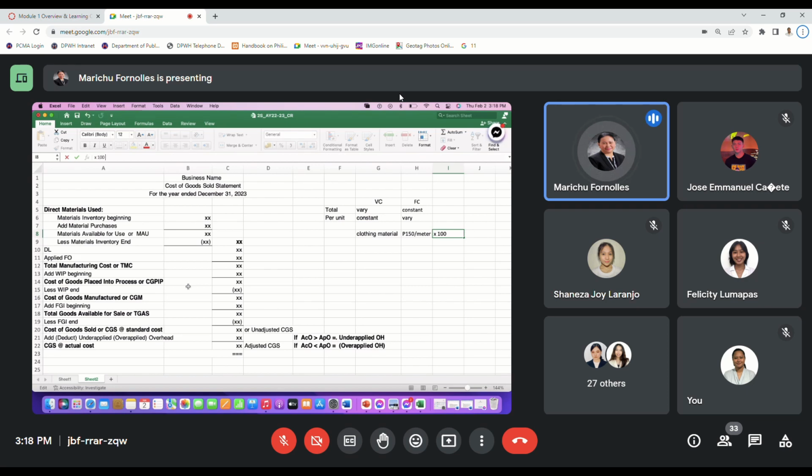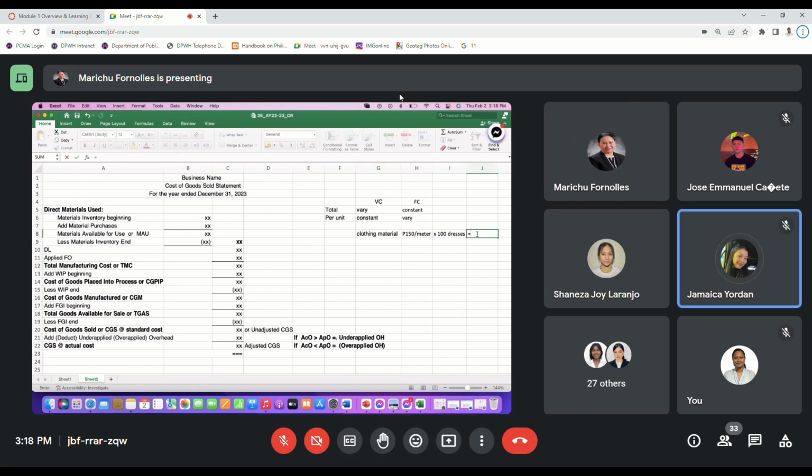Minimum quantity of output, your production volume, 100 dresses. So you need how much as the total cost of the clothing material? 15,000, Miss. 15,000. Correct. That would cost you 15,000 pesos.